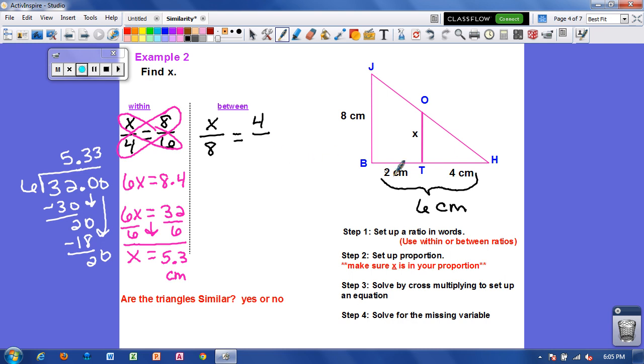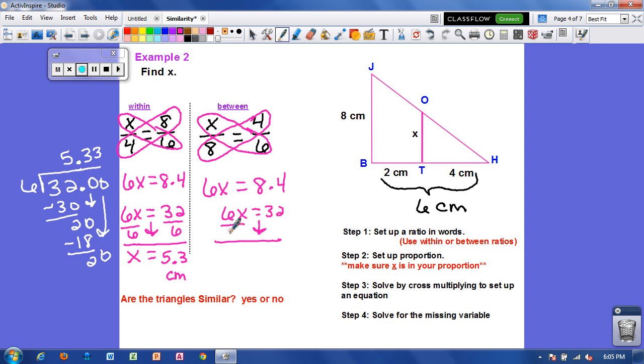I'm going to put that over the bottom of the larger one, which is 6. Now I'm going to cross multiply. So I have 6 times x, and I'm going to set that equal to 8 times 4. 6x equals 32. So I've got to divide by 6 on both sides.